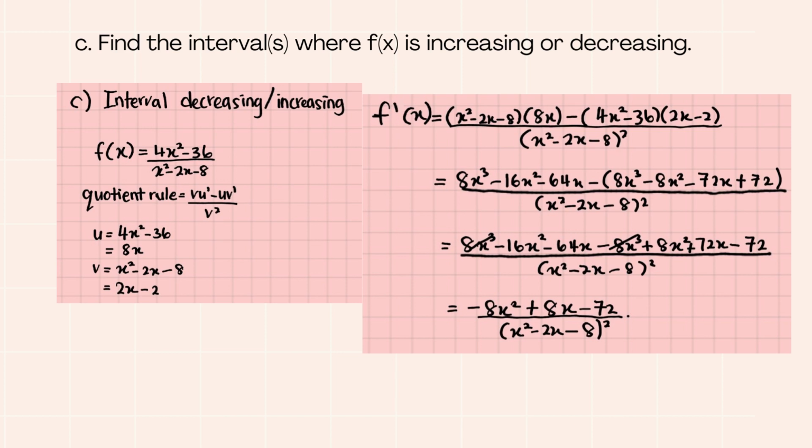So we use our quotient rule, which is basically (vu prime minus uv prime) over v squared. As you see right here, u equals 4x squared minus 36, v is x squared minus 2x minus 8, and u prime is 8x, while v prime is 2x minus 2. Therefore, we will get that f prime x is as stated in the picture.